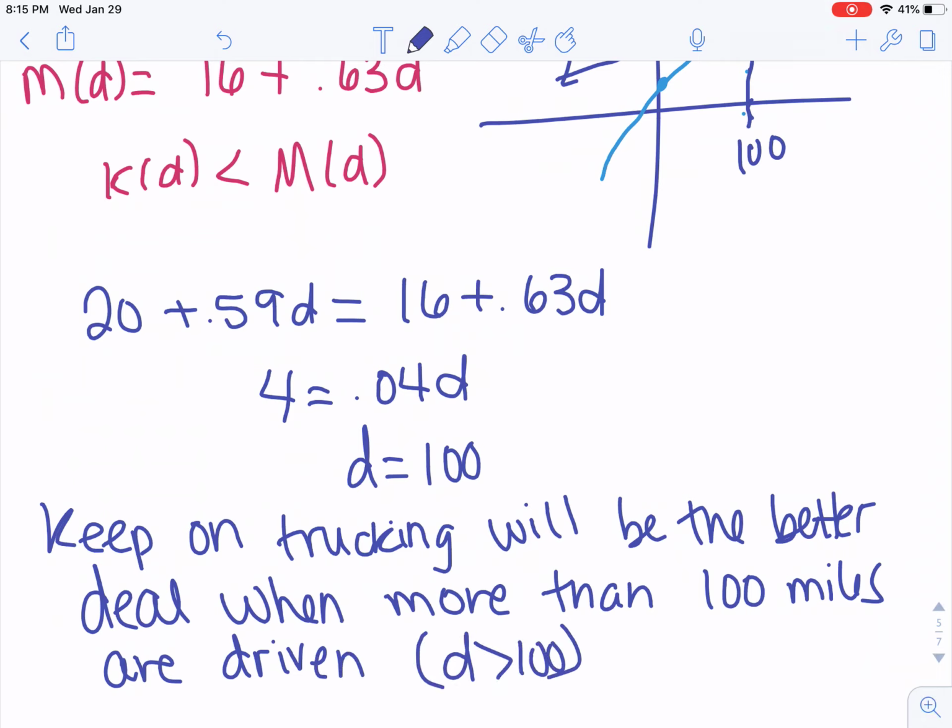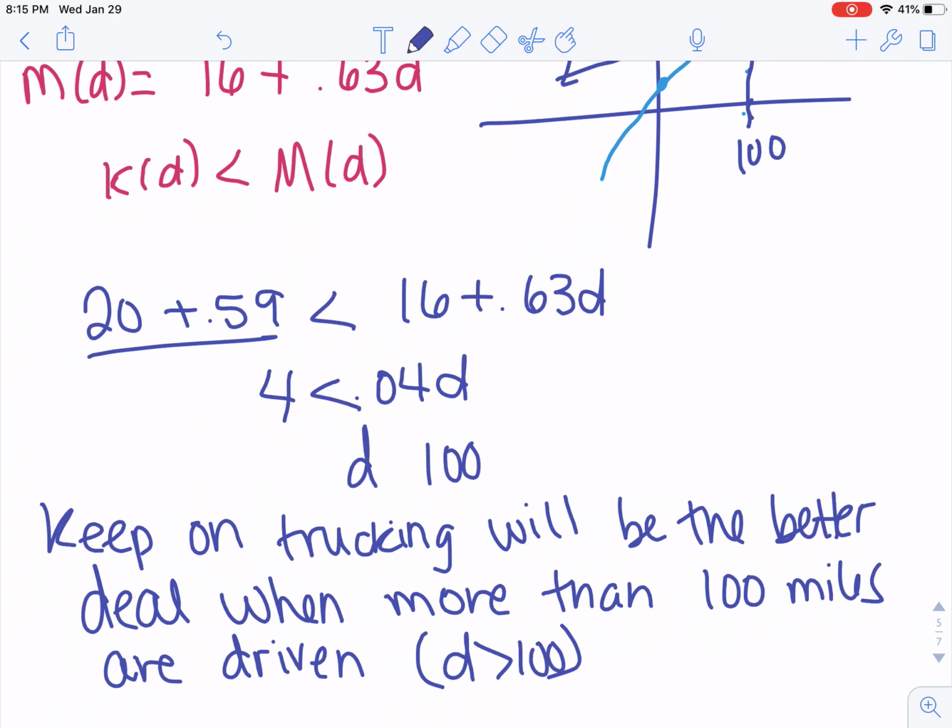Theoretically, if you wanted to do this a different way, instead of setting them equal to each other, you could have done the inequality. I'm sorry, I set that up wrong. I'm so tired. You want to know when this side is going to be less than that.